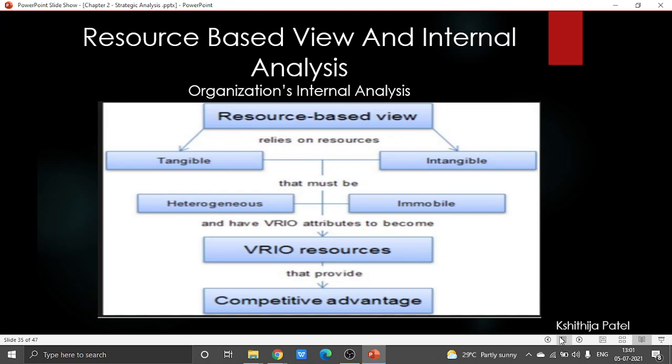Now, in the beginning, this particular resource-based view was the viewpoint of Wernerfelt. Okay, this person Wernerfelt, he had given this work in his book called The Resource-Based View of the Firm.